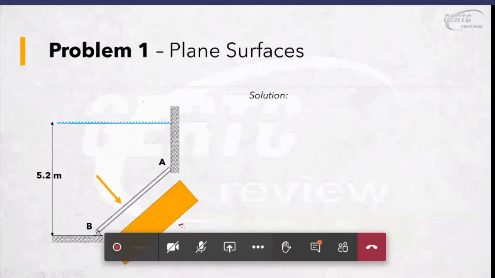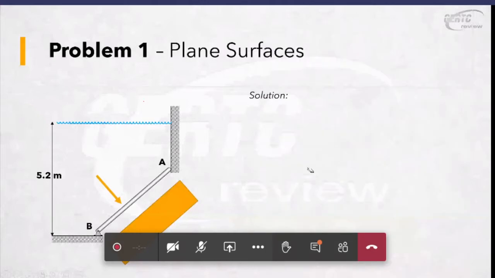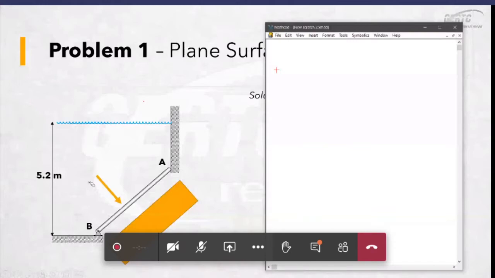When you calculate for the resultant force, it does not mean we need to calculate F horizontal and F vertical. Why, sir? Isn't it inclined? Sir, shouldn't there be vertical and horizontal force components? Yes, of course.